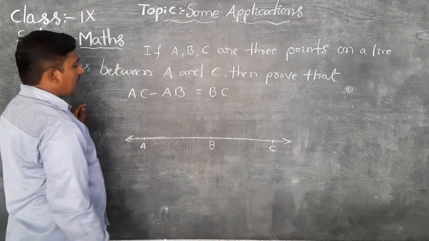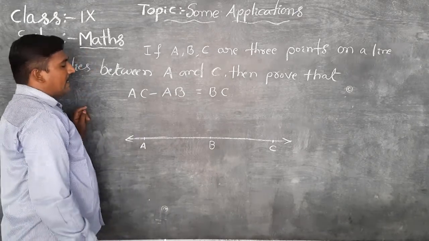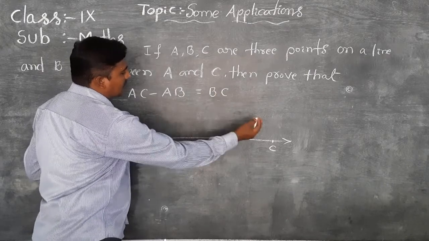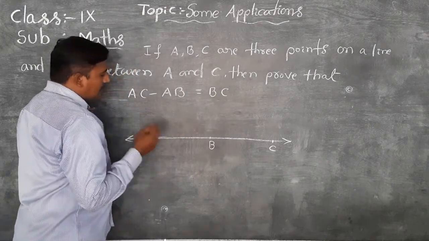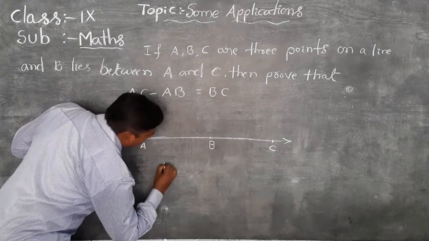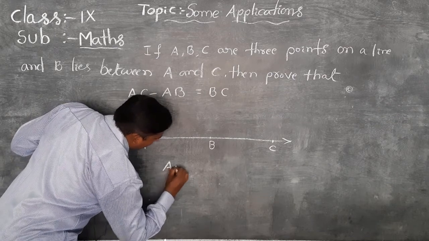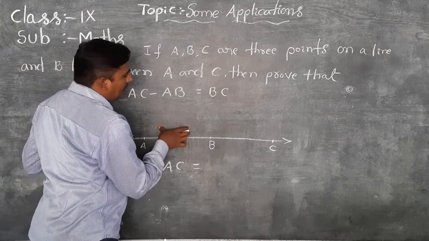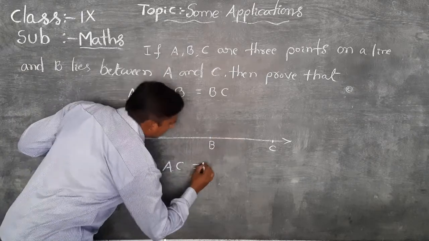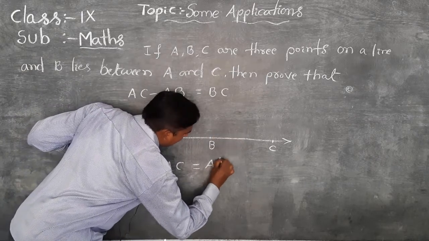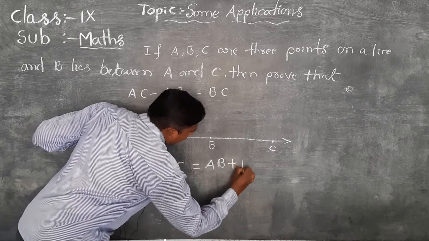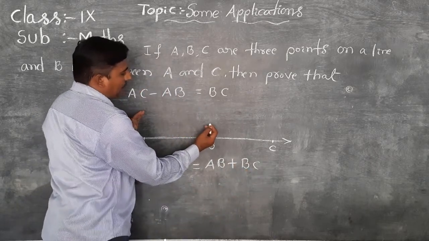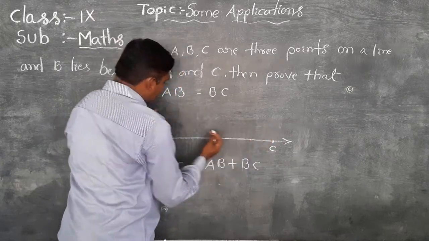For example, we will take the total value AC. Total value AC is equal to AB plus BC. This value is AB, this value is BC.